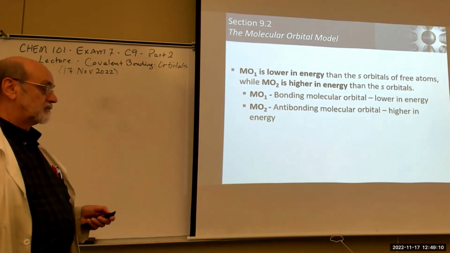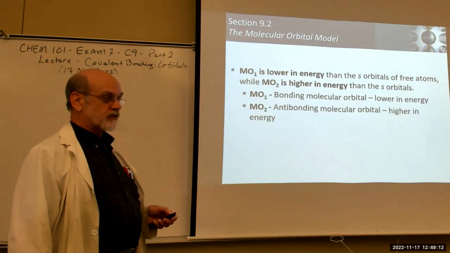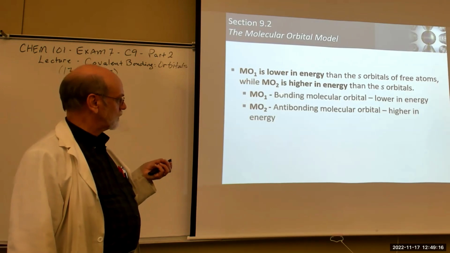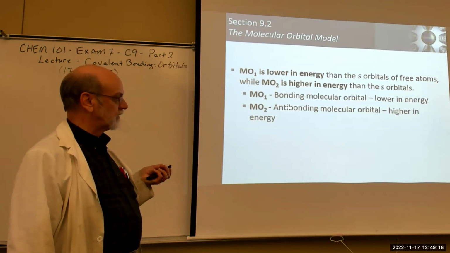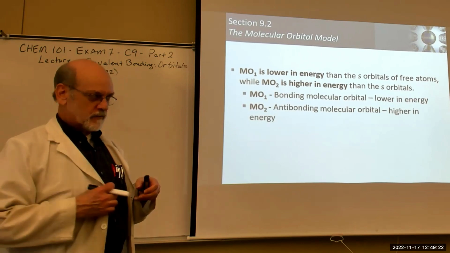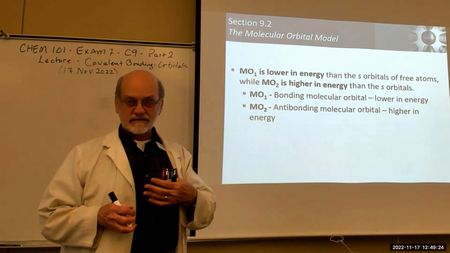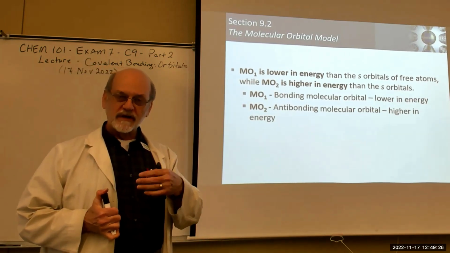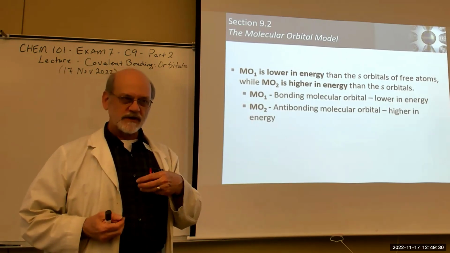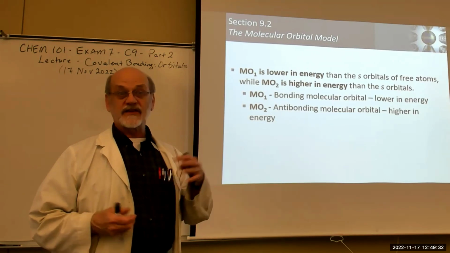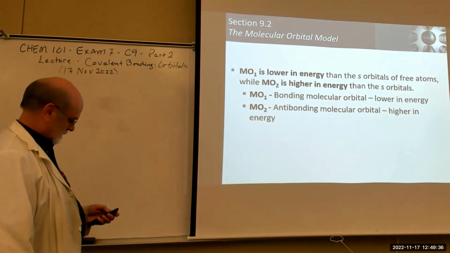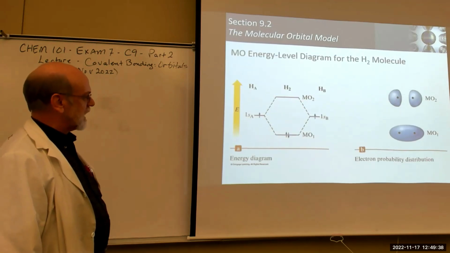So for the strongest bond, you want most of the electrons in these orbitals and as few as possible in those orbitals. And we're going to look at how to calculate a number that tells us whether the bond is very strong, only slightly strong, weak, or non-existent. That'll come in a couple of slides.